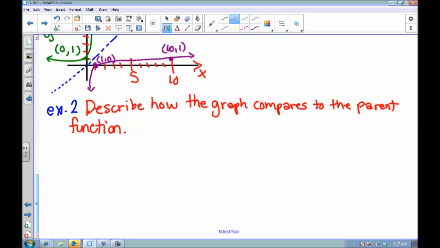When it says describe how the graph compares to the parent function, it's just asking for transformations. We've talked about transformations before, so once you see this, you'll already know the answers.